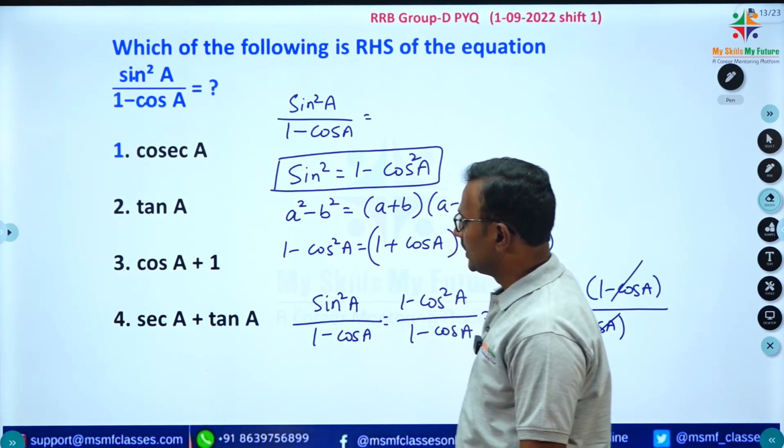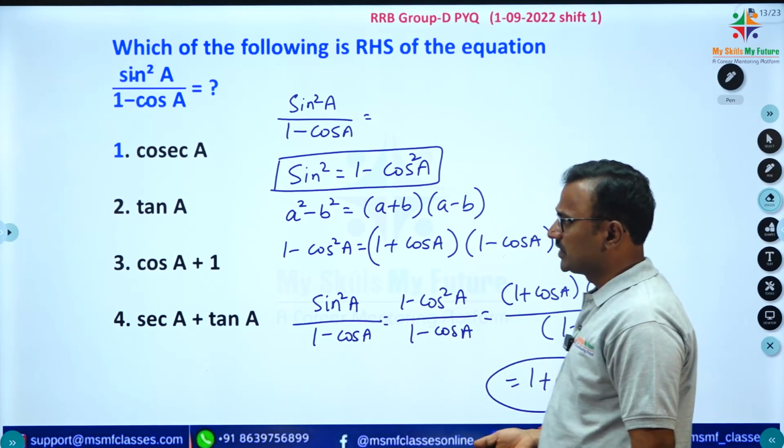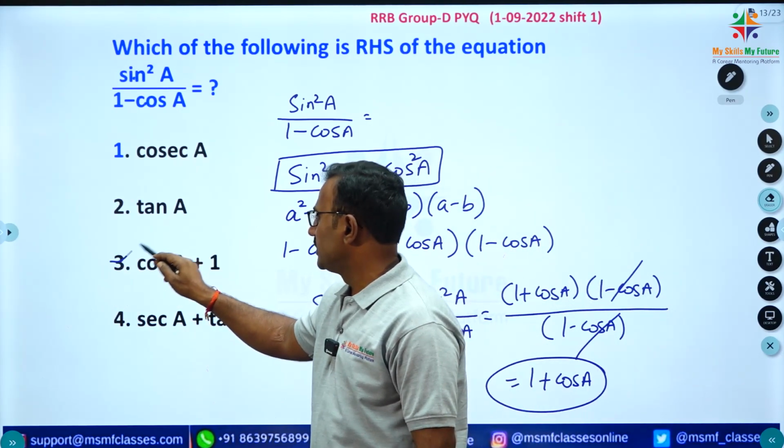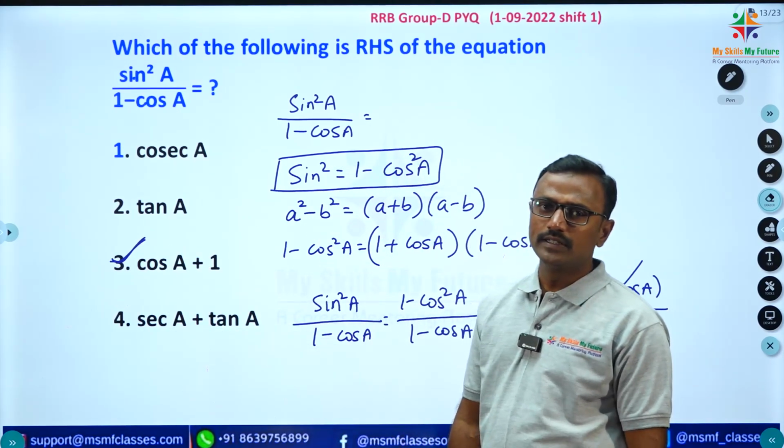So which option is there? 1 plus cos A, or cos A plus 1. Option 3 is correct.